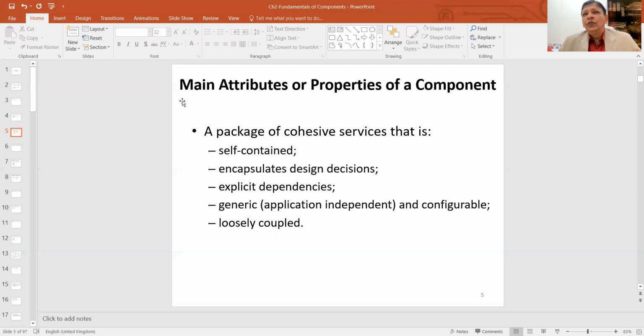And we also want some coupling because we want to integrate it with other components. But we don't want more coupling, more dependency. For example, if a component has 50% coupling, that means when we want to reuse it, we have to do customization.